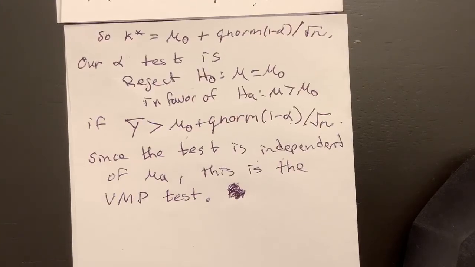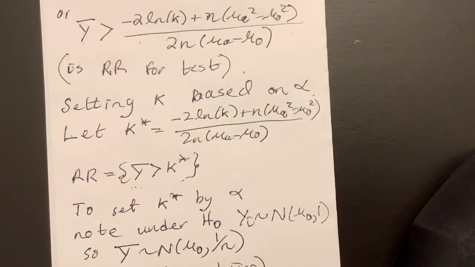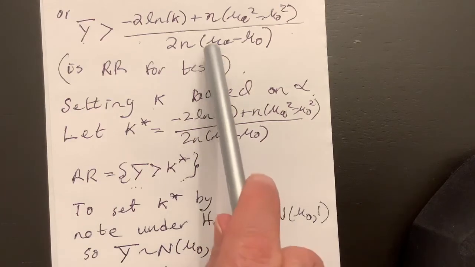Okay, so you're given an alpha, you know mu 0 from the hypotheses, you have a sample size n, you know y is normal, mu, 1. This is your k star. This is what you want to use on the right. Notice we never went back to this item here.